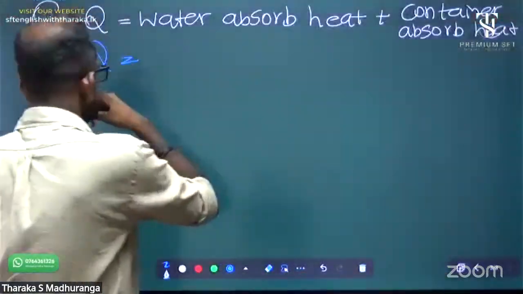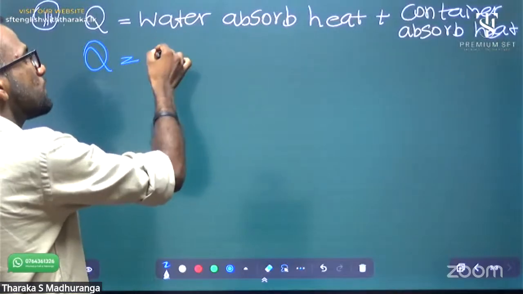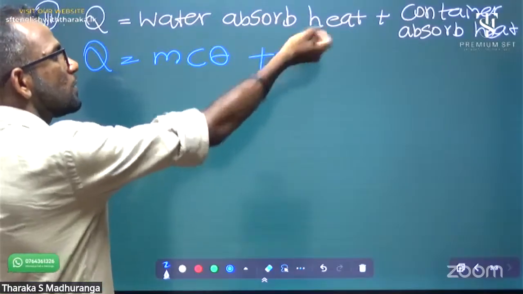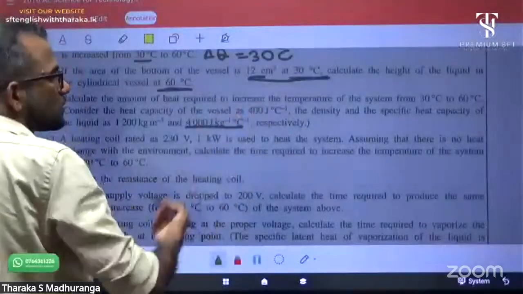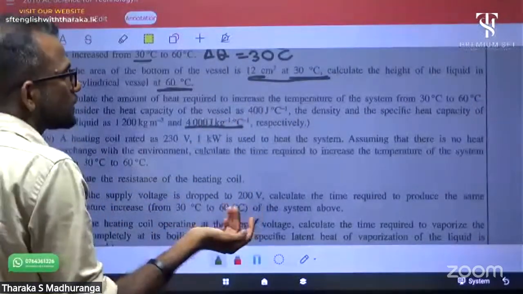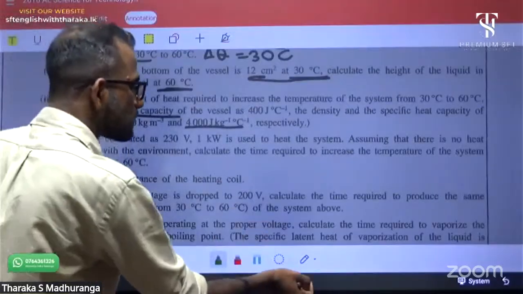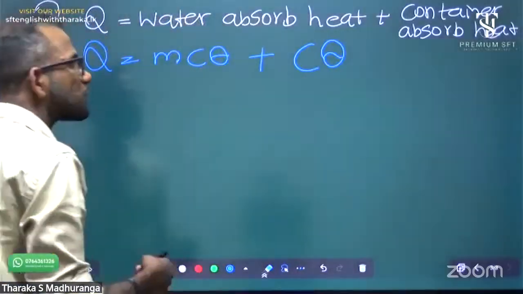Then the water absorbed heat is only m c theta, plus the container also heating from 30 to 60 with no physical state change, and the container heat capacity is given. Then what is the equation? Heat capacity is given. The C theta is the equation, capital C theta.